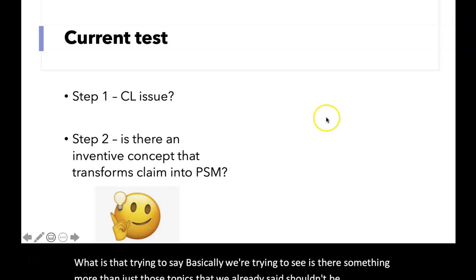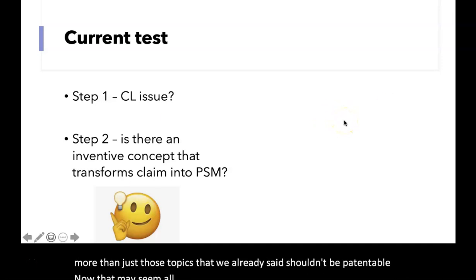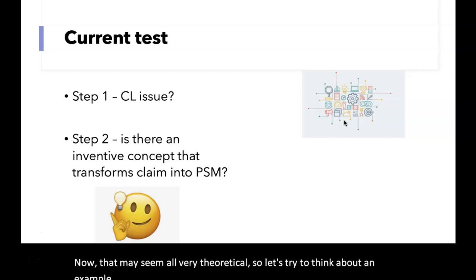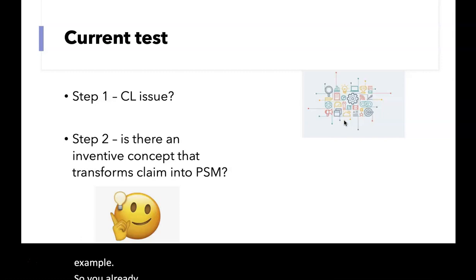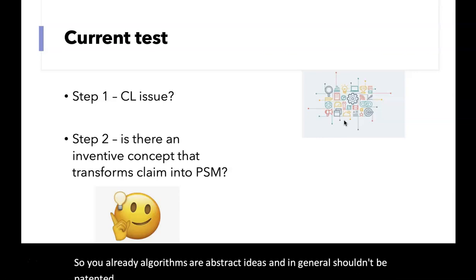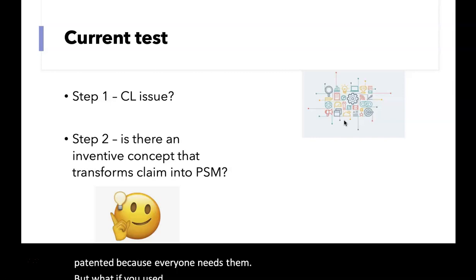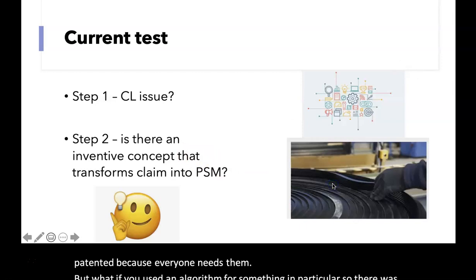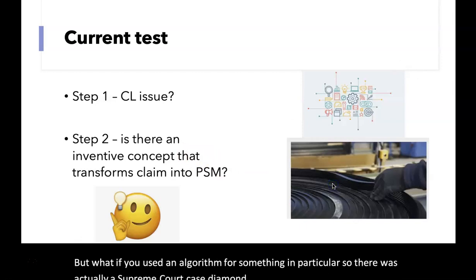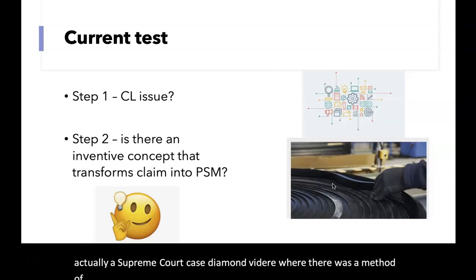Now that may seem all very theoretical, so let's try to think about an example. So you already know algorithms are abstract ideas and in general shouldn't be patented because everyone needs them. But what if you used an algorithm for something in particular? So there was actually a Supreme Court case, Diamond v. Diehr, where there was a method of curing rubber that involved an algorithm.